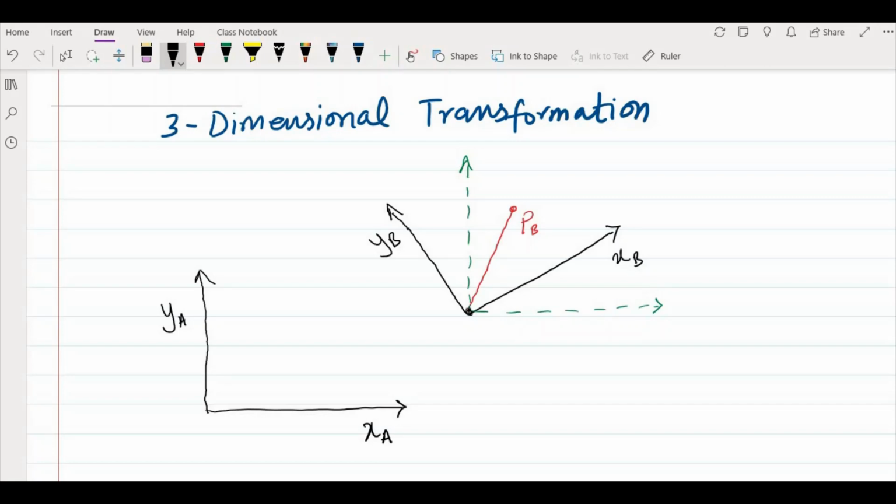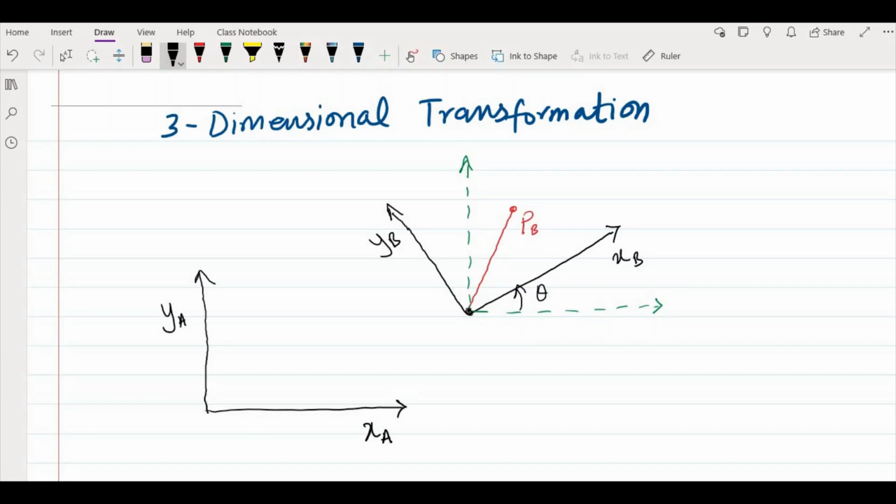If you compare this green frame with your B frame, you see that there is clearly a rotation with some angle, this angle theta. So we can say that frame B is rotated and translated with respect to frame A. We have a point here, and we know its position in frame B, which is PB, a vector.